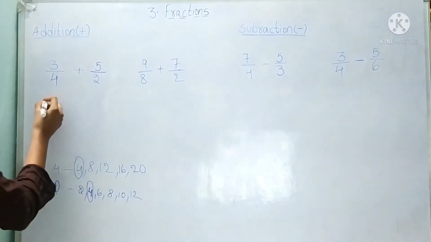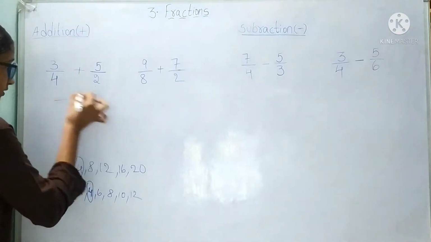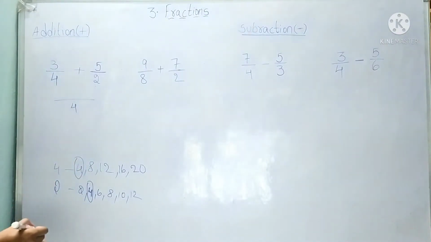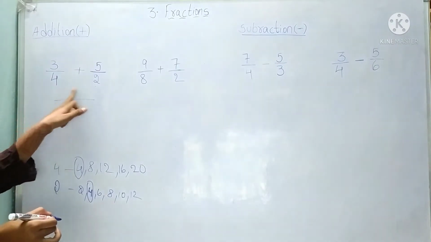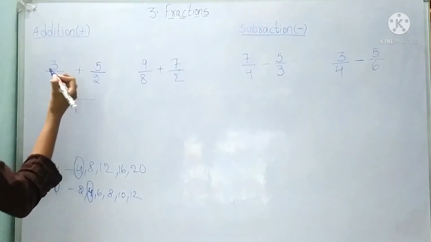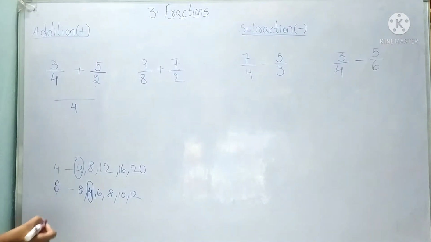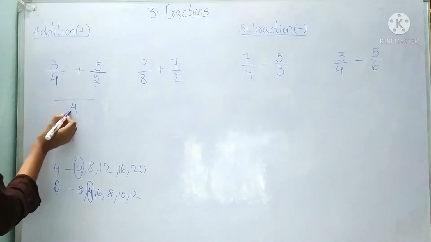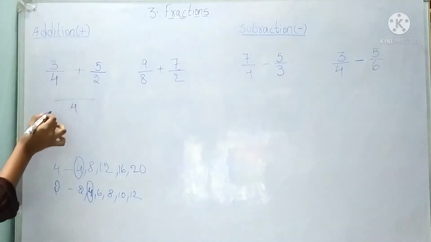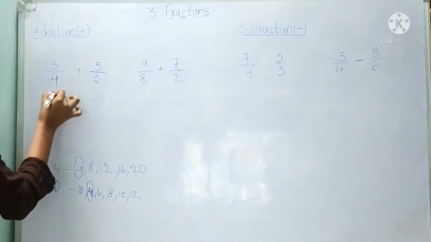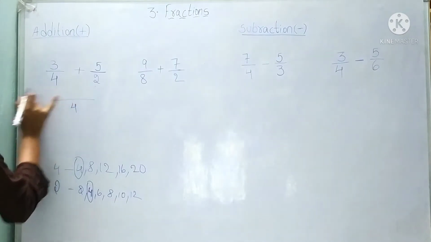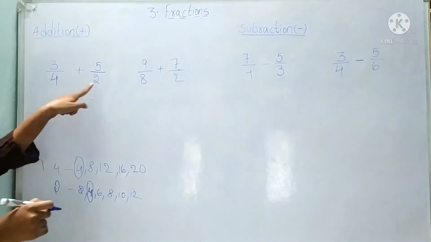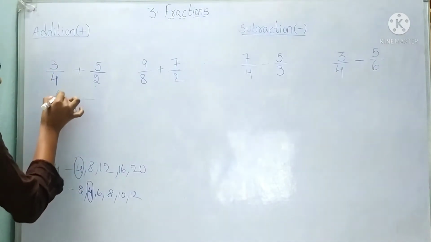Now we have 4 as the denominator, and now we have to work out the numerator. First of all, 4 1s are 4 and 1 into 3. We can also do it like this: 2 3s are 6.